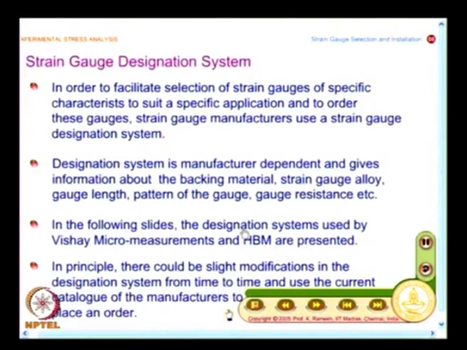So, here we are looking at what aspects are important. That also gives you an idea of how to decide what strain gauge you want.